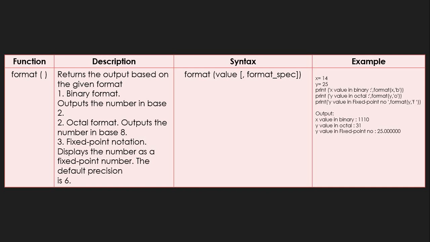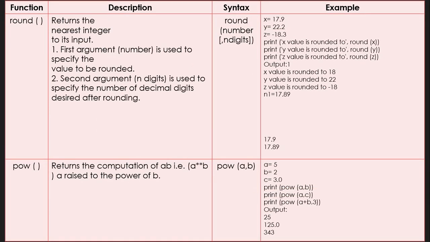The next thing that you're going to learn in Python is the round function. What does it do? It rounds the value to the nearest integer, which is very useful to convert the given value to the nearest integer. If you see the example on screen, x is equal to 17.9, y is equal to 22.2, and z is equal to minus 18.3.